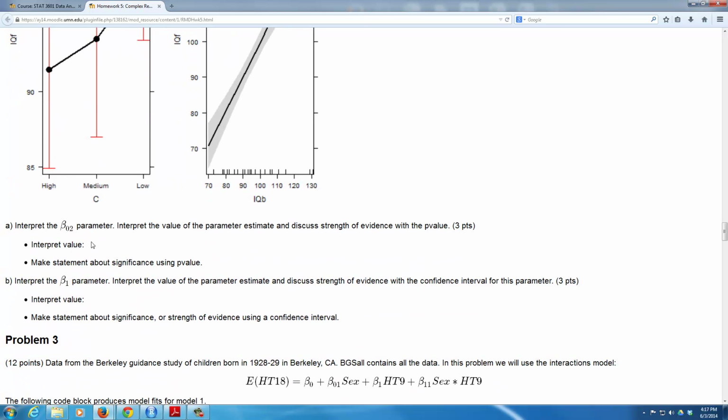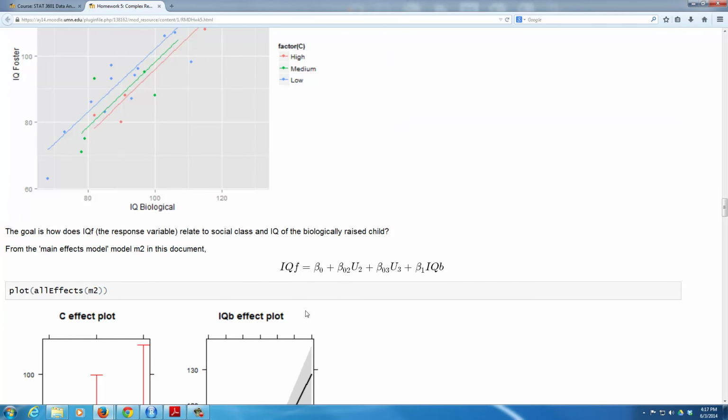In part A of problem 2, it says interpret the beta 2 parameter and make a statement about the significance using the p-value. And the model that we're using right here is explaining the foster IQ with an overall intercept, an intercept adjustment for medium class, an intercept adjustment for low social class, and the slope and the relationship between the two IQs, which is common for all groups.